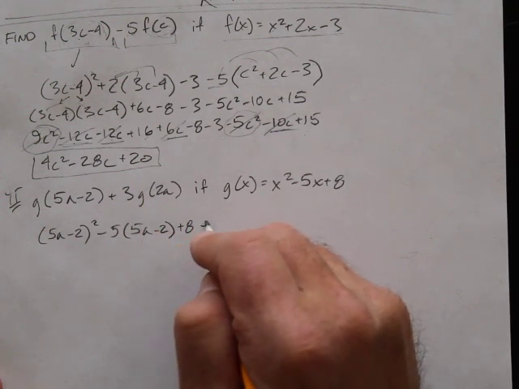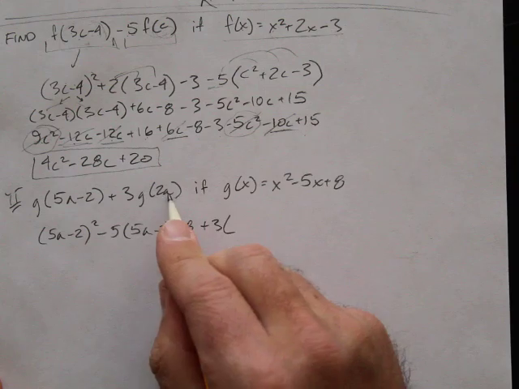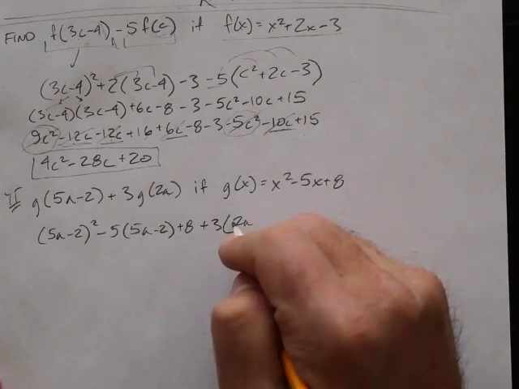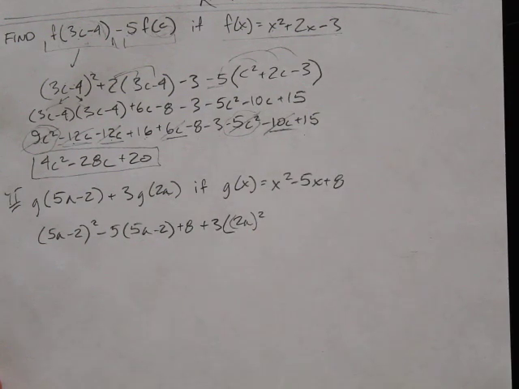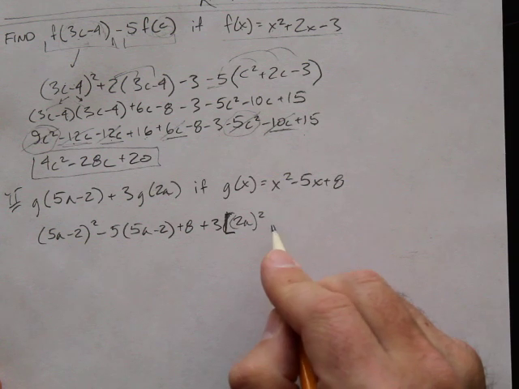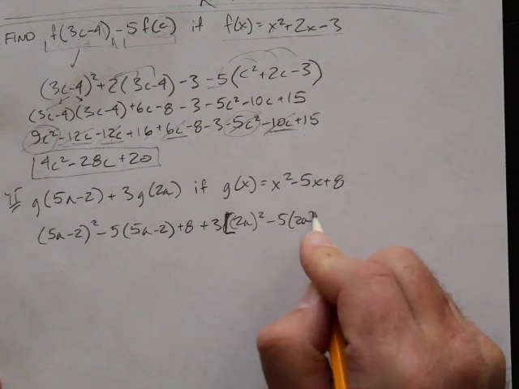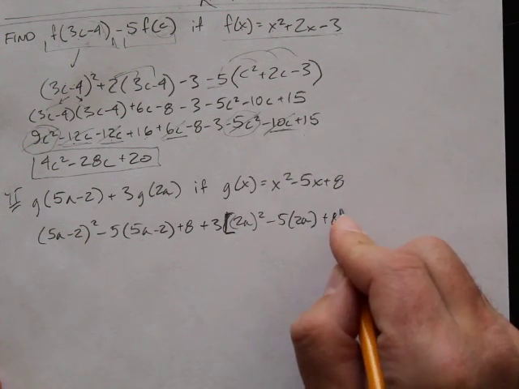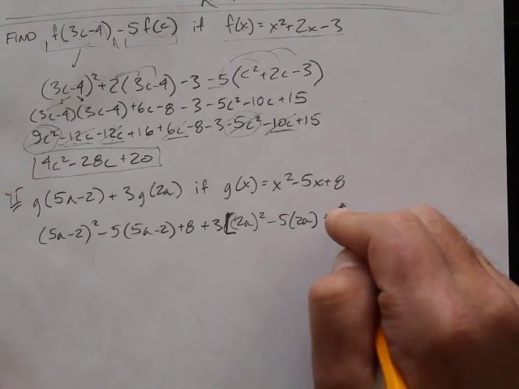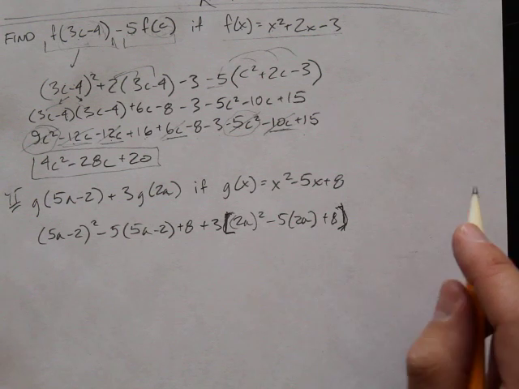So I need to say plus 3 times 2a squared, minus 5 times 2a plus 8. There we go. All right.